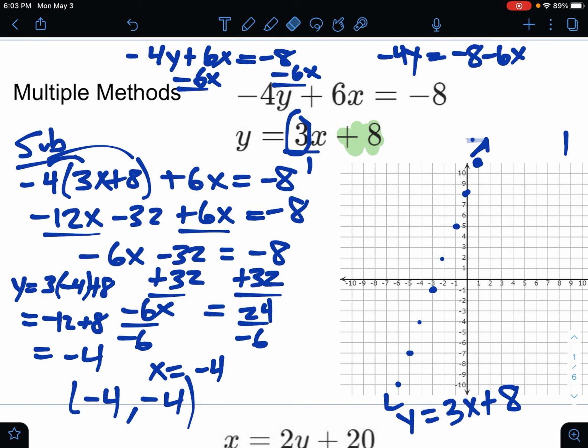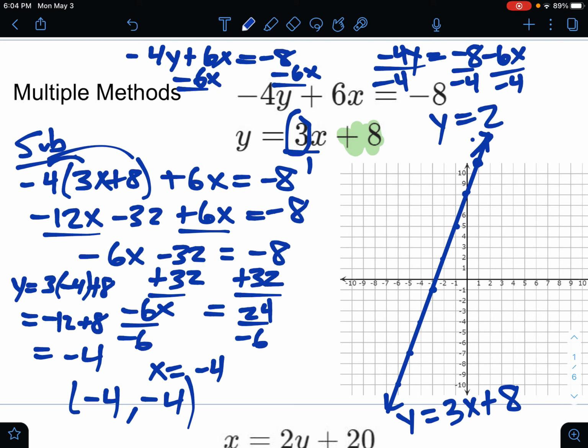And then to get y by itself, we want to divide every single piece by negative 4. So we get y equals 2, and then a negative over negative is a plus, so plus 3 over 2x. If we just reduce that 6 over 4 down, same thing as 3 over 2. 6 over 4 is fine too.